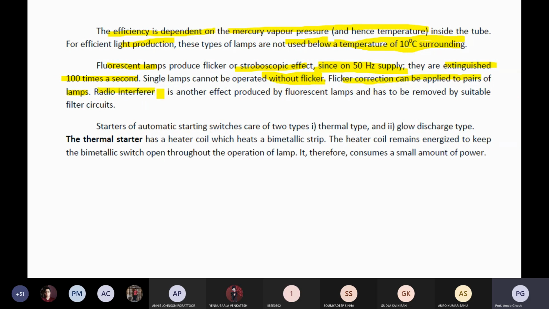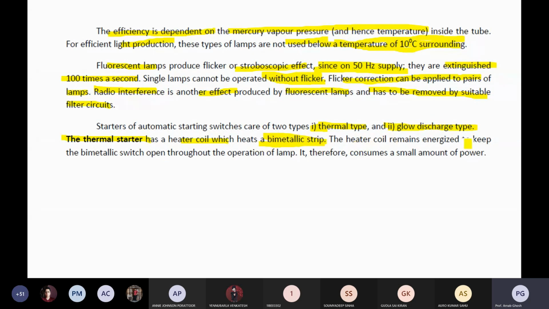Radio interference is another important problem. It is another effect produced by the fluorescent lamp, and has to be removed by a suitable suppression circuit. Okay, the circuit is required. The starter, the automatic starting switch, is of two types: the thermal type, and the other is the glow discharge type. The thermal starter has a heater coil which heats the bimetallic strips.